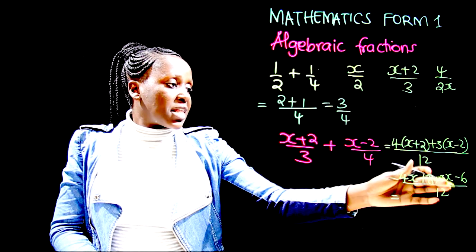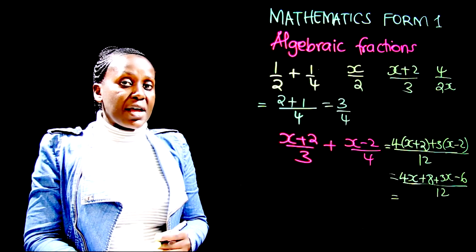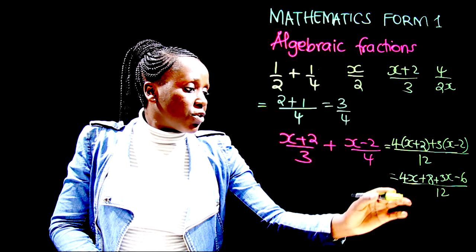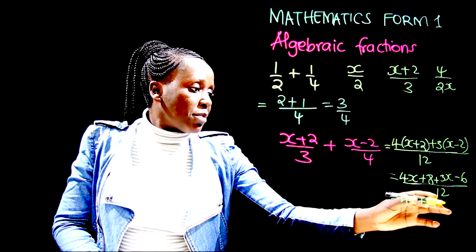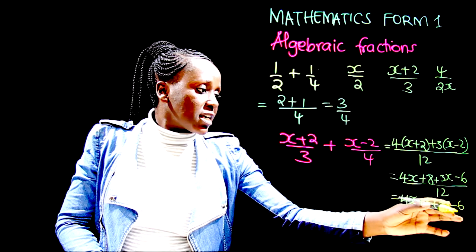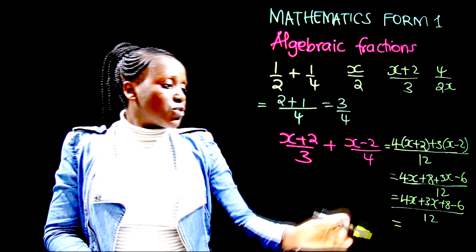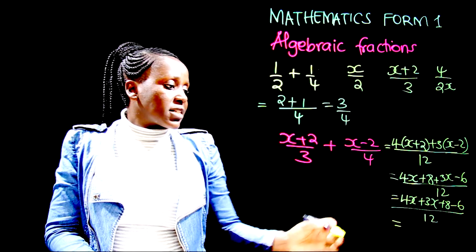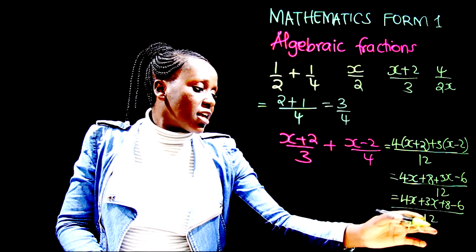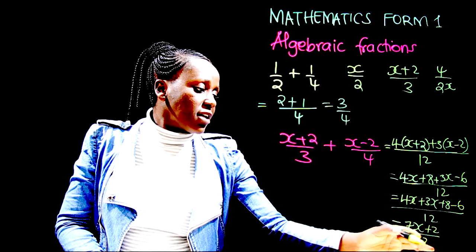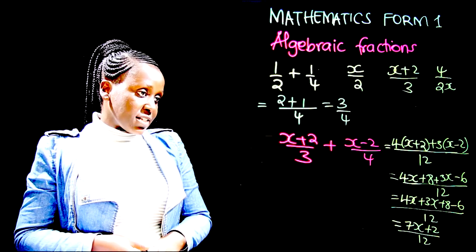We have 4x and 3x being like terms, and 8 and negative 6 being like terms. So this will be 4x plus 3x, then plus 8 minus 6, all that over 12. This will be equal to 7x, then 8 minus 6 is 2, all over 12. And that will be the final answer.